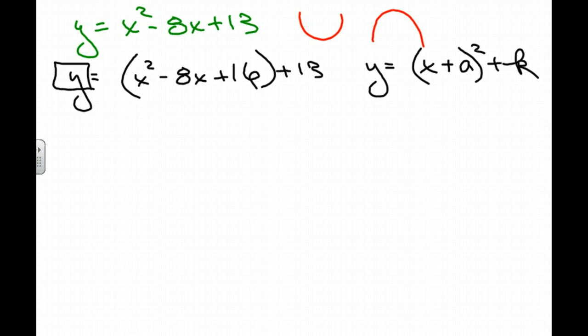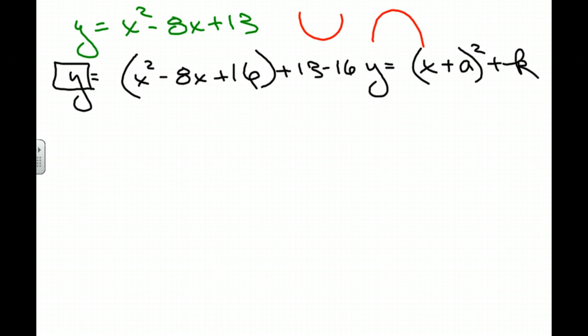So what I want to do is add it to the right-hand side and subtract it from that side. So then I've added nothing, right? In order to do that, I add it inside the parentheses and subtract it outside the parentheses. So I added it, but then I subtracted it later on.